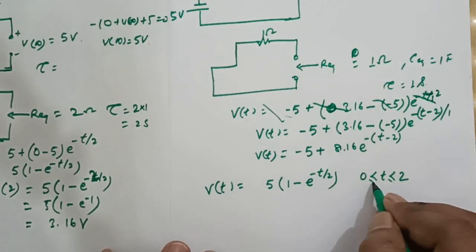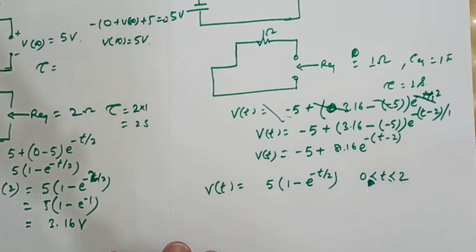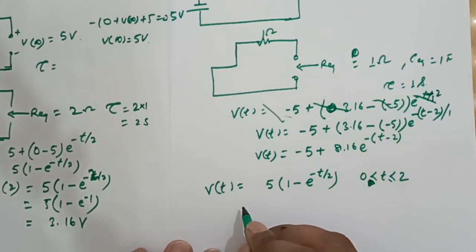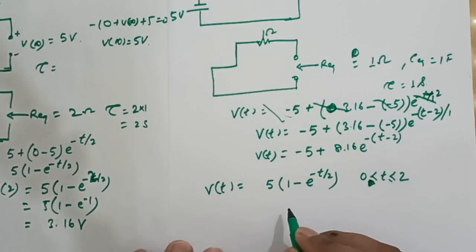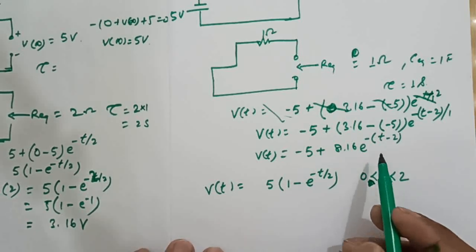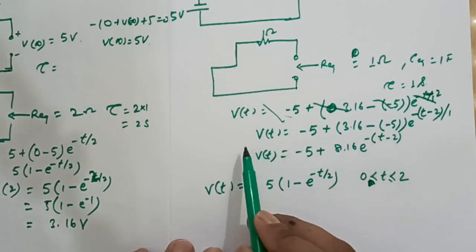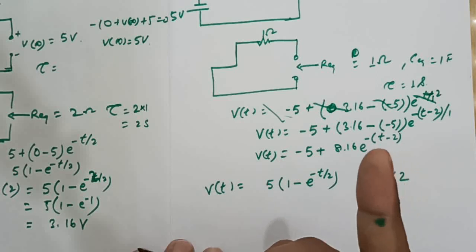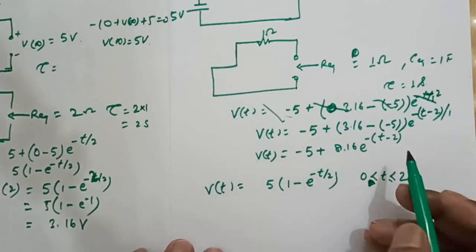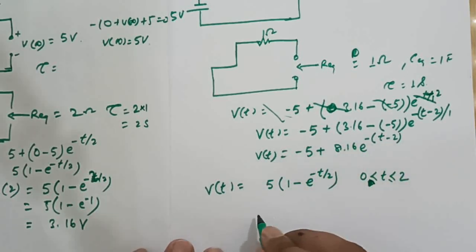Okay. I think it should be better to remove this. Just greater than time t equal to 0. And at time t equal to 2 seconds, what was the expression? This. Because we introduced the second transient at time t equal to 2 seconds. So after that, this will be the expression.